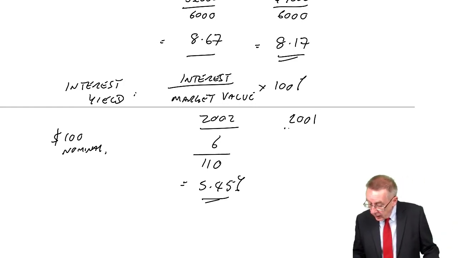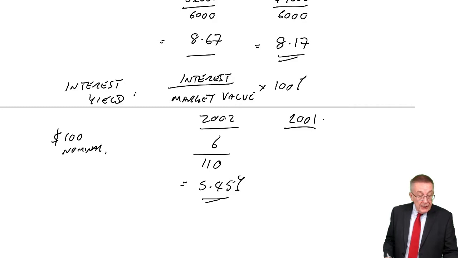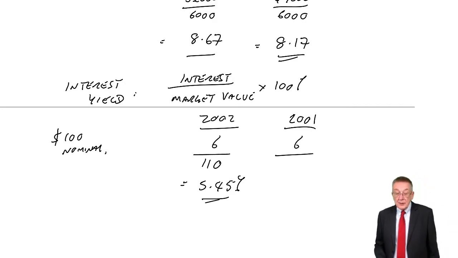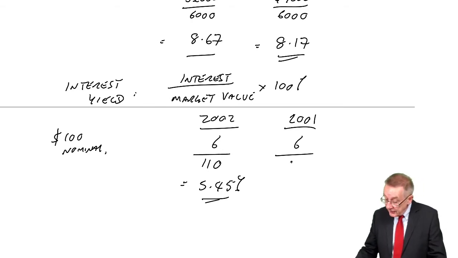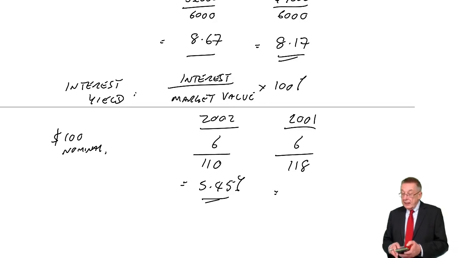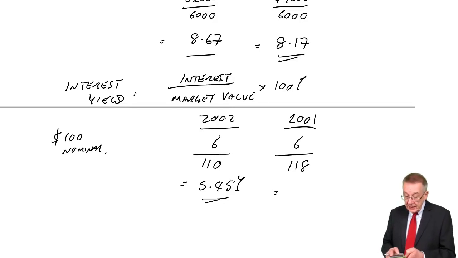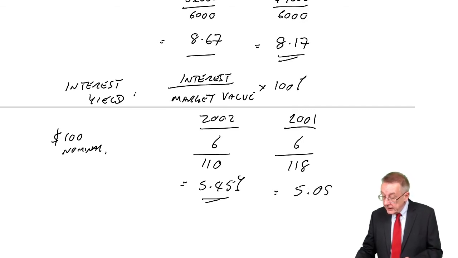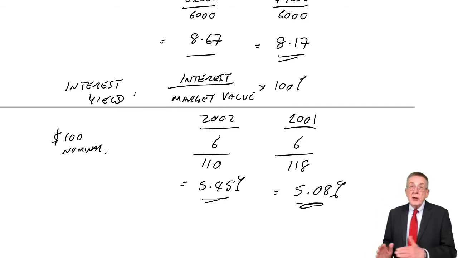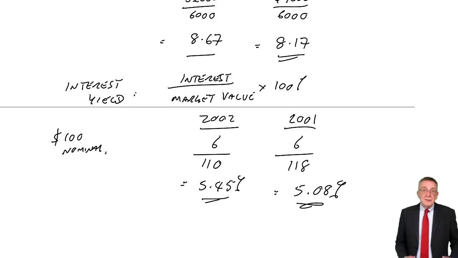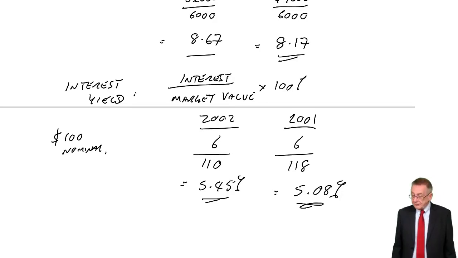What about 2001? Last year, the interest was still 6% of nominal. The market value was 118. And so last year, when people were thinking whether to buy them or not, 6 on 118, they'd have been getting 5.08%. Now, you can't really compare these, because you'll see in later chapters, it's the investor who fixes the market value.